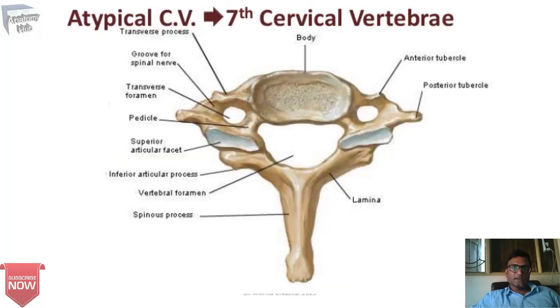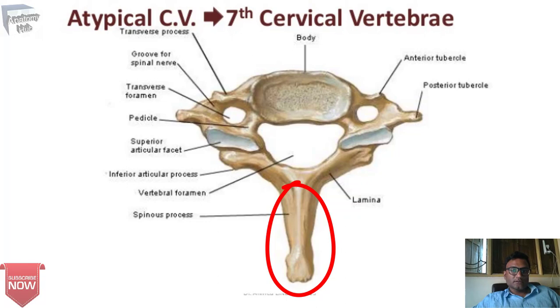Then here you will find the seventh cervical vertebra. Here you can see that the seventh cervical vertebra has a prominent spine, and the longest spine you will find over here. This spinous process is not bifid in nature, but other cervical vertebrae are bifid in nature.